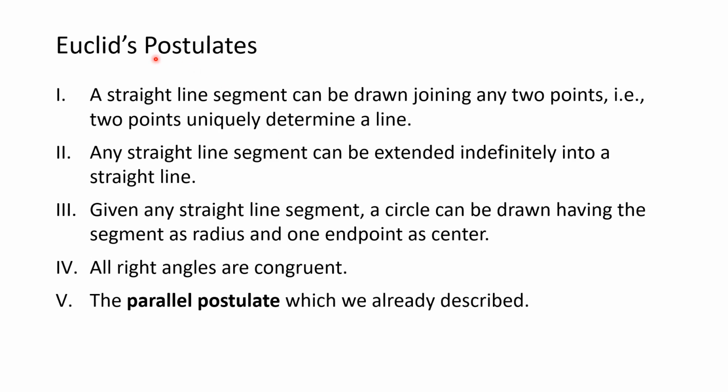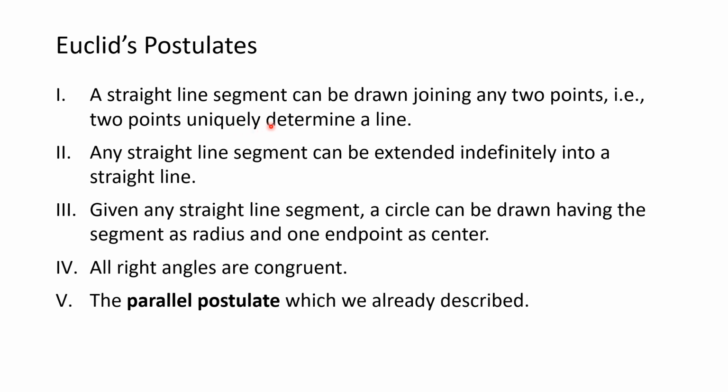Okay, so here we have Euclid's postulates, and I should mention here that he wrote them in a style of construction, in the sense of you can construct this, or you can construct a right angle, or you construct the circle. So that was his manner of writing, and that's reflected here in these postulates. First one is a straight line segment can be drawn joining any two points. We all know that from high school geometry.